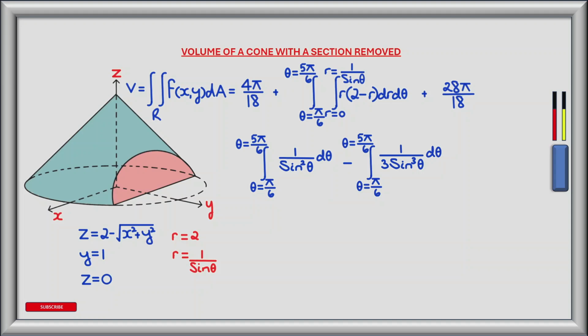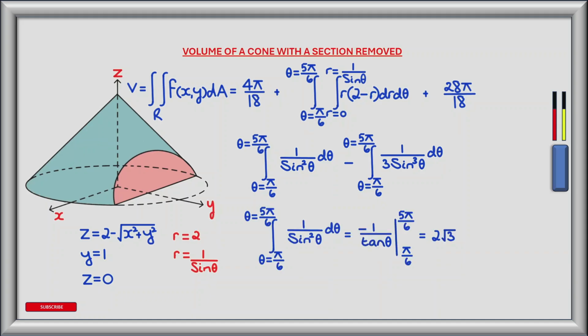And now moving on to the outer integrals, we need to integrate between theta equals pi by 6 and theta equals 5 pi by 6 of 1 over sine squared theta d theta minus the integral between theta equals pi by 6 and theta equals 5 pi by 6 of 1 over 3 multiplied by sine cubed theta d theta.